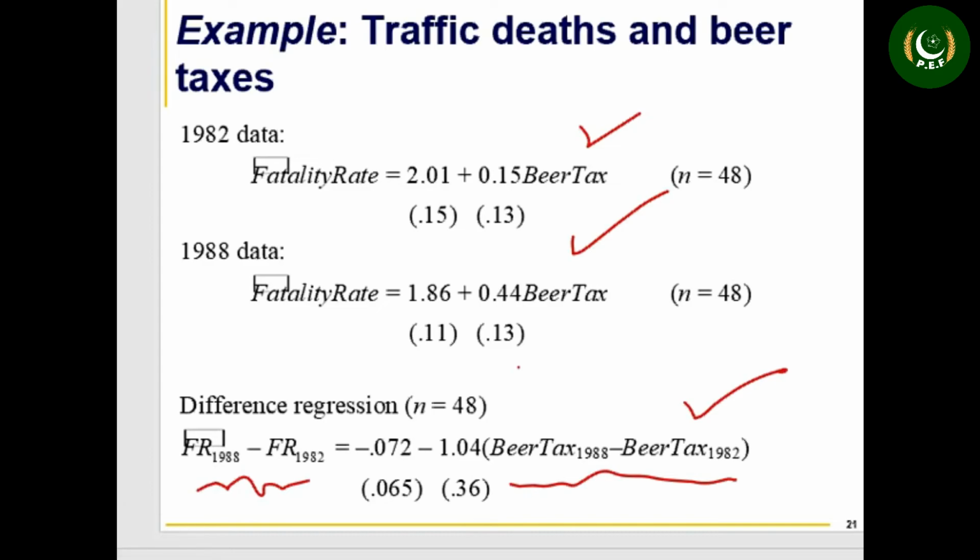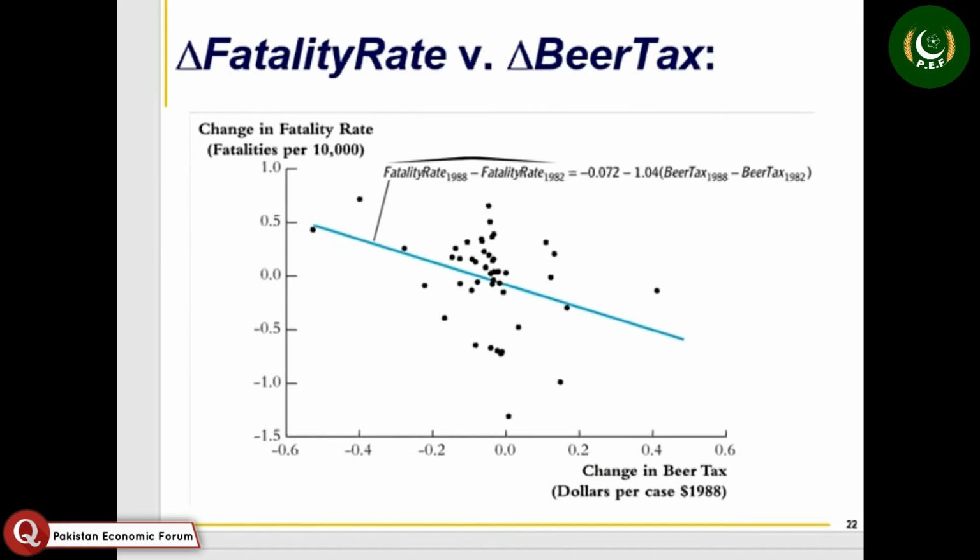So that makes sense, and we have now this regression. We have this analysis where a change in beer tax between two time periods leads to lowering of fatal accidents between two time periods. So change in beer tax leads to a change in fatality rate as per your theory, as per your expectation.